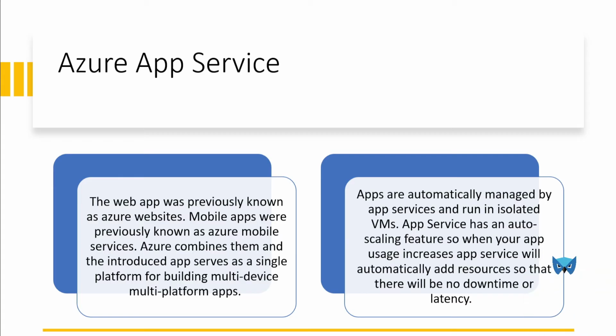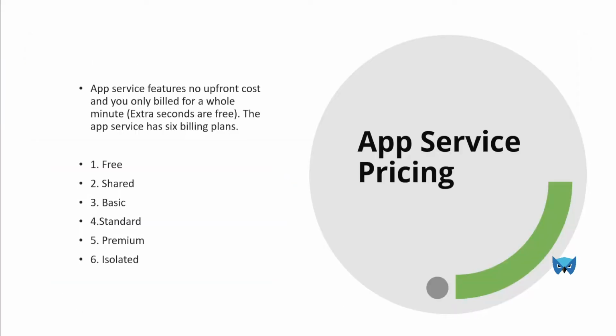Let's see what App Service pricing is. App Service features no upfront cost and you are only billed per whole minute. App Services has six billing plans: first is the free tier, then shared, basic, standard, premium and isolated.